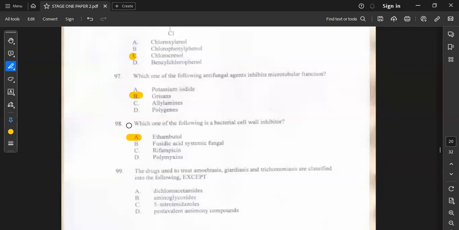Yeah, it's bactericidal against the growing ones. That's why for HIV patients with a latent infection at high risk of TB, you just give isoniazid alone, because it will make sure they do not multiply.